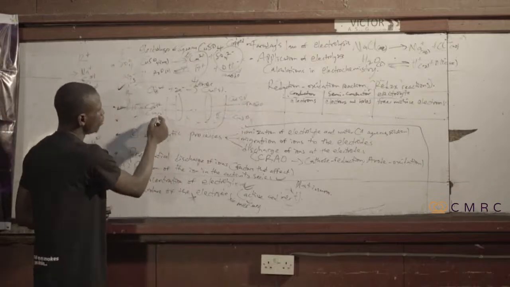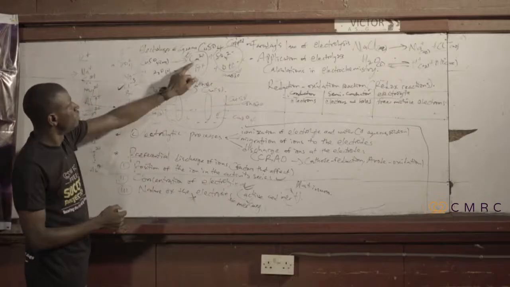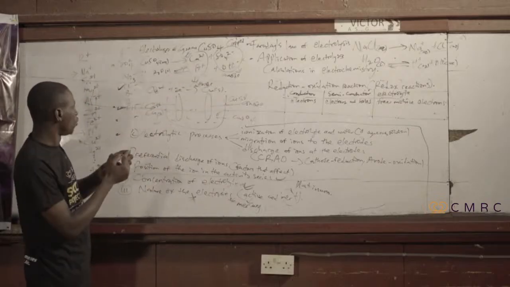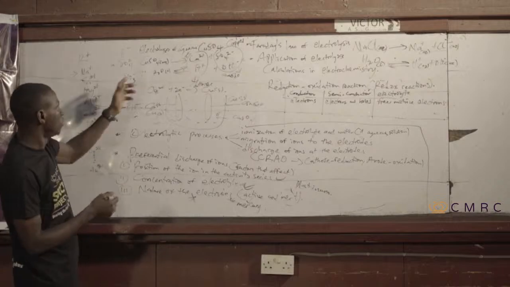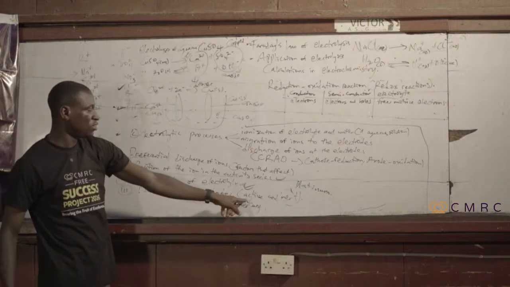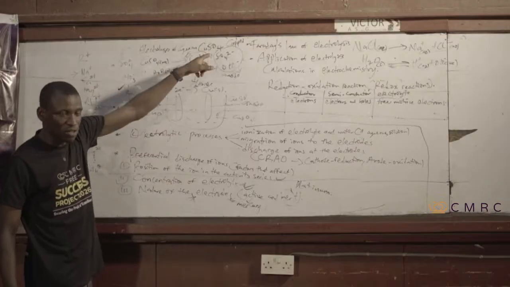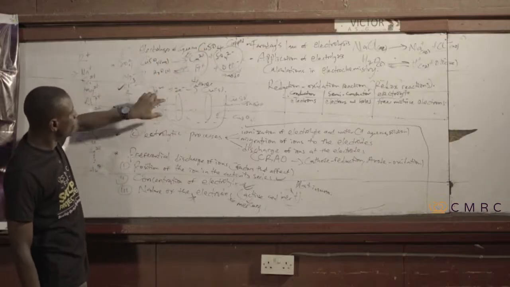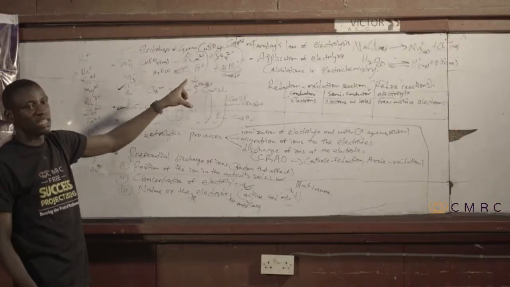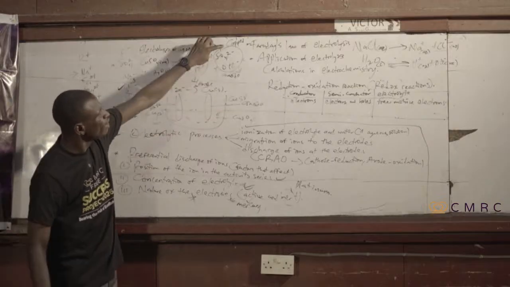Now, at the cathode, we know that copper will be discharged because of Cu2+ and H+. Because of the nature of the electrode, the electrode is copper, and we are dealing with the electrolyte CuSO4 that has copper, copper will be preferentially discharged at the cathode. Now at the anode, we have SO4 2- and OH-.